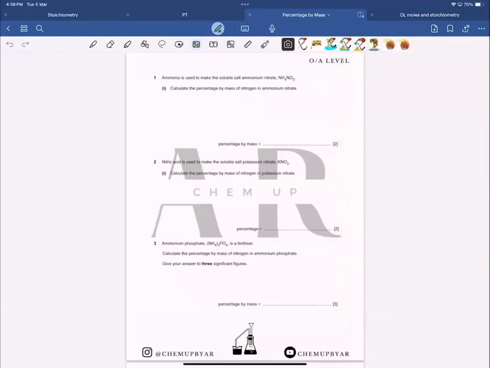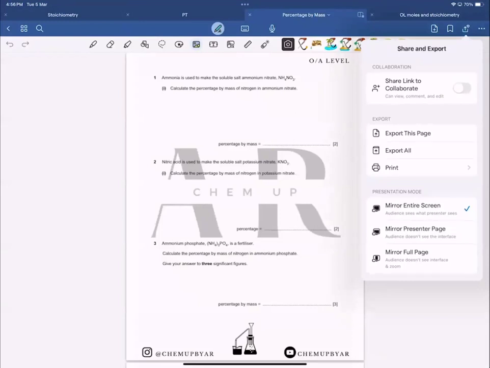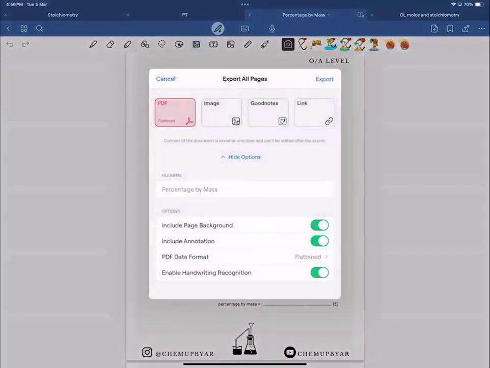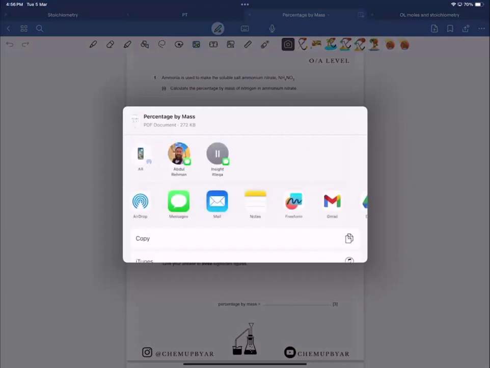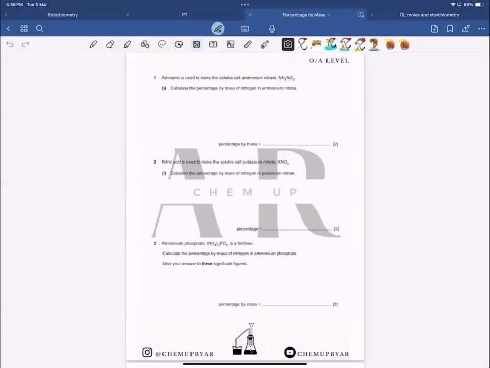Sir, the file has come. Now I'm sharing the worksheet. Okay, I've shared the worksheet for the percentage yield as well. Okay.